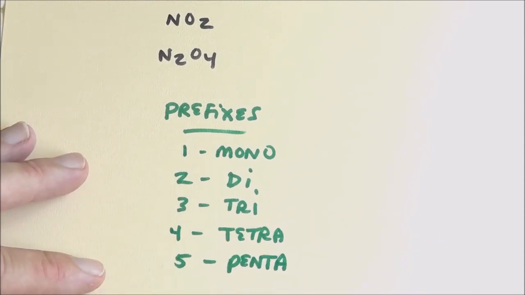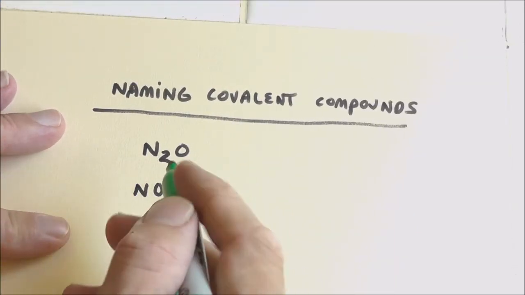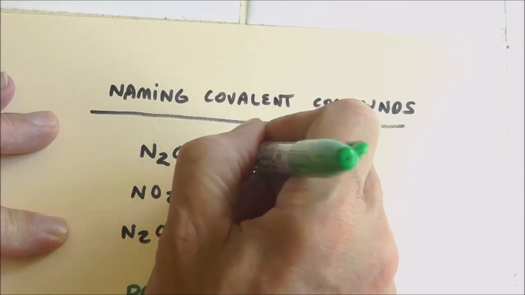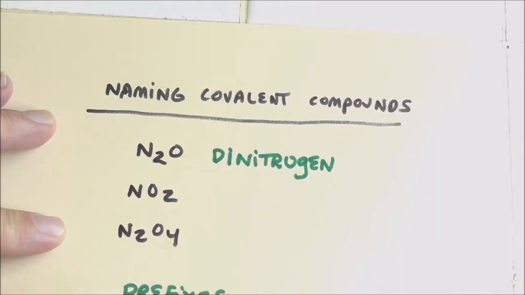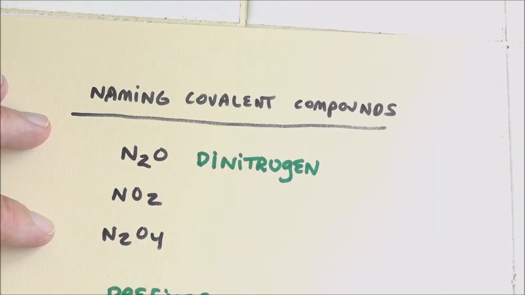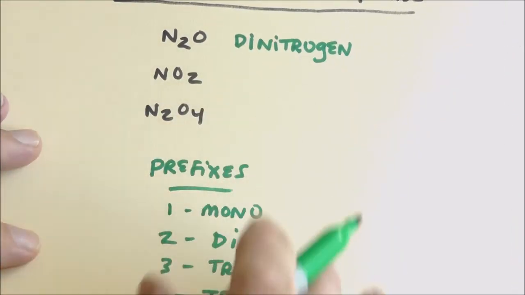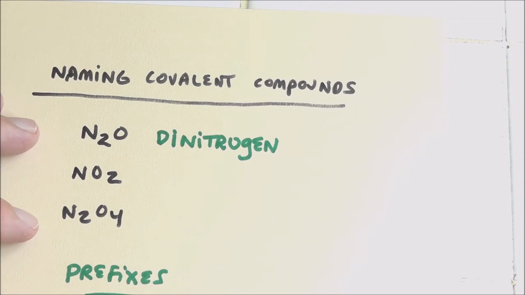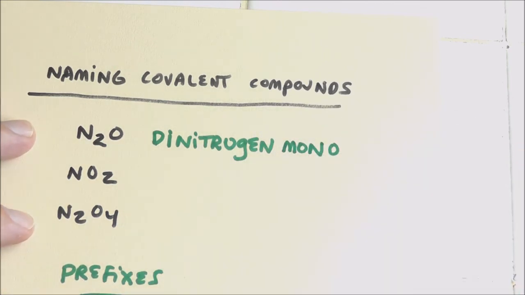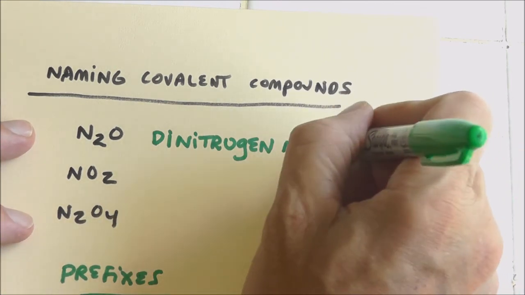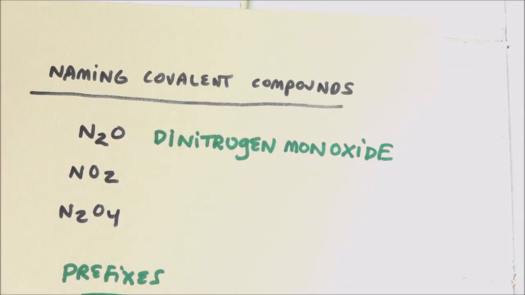So here you would call this dinitrogen. Mono is for 1. Di is for 2. And then we would not put 2 vowels next to each other because that would just look silly. Monoxide would look silly, so we just knock that off, and that's dinitrogen monoxide.